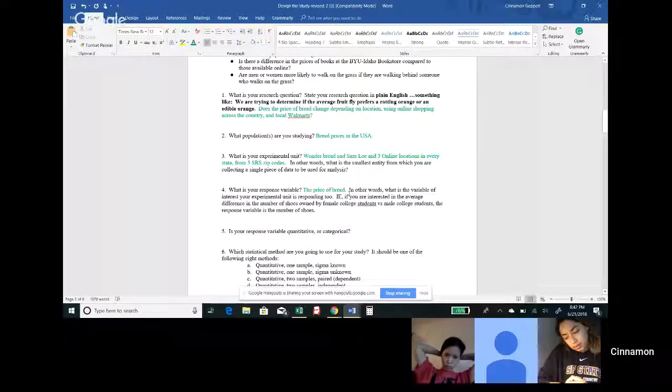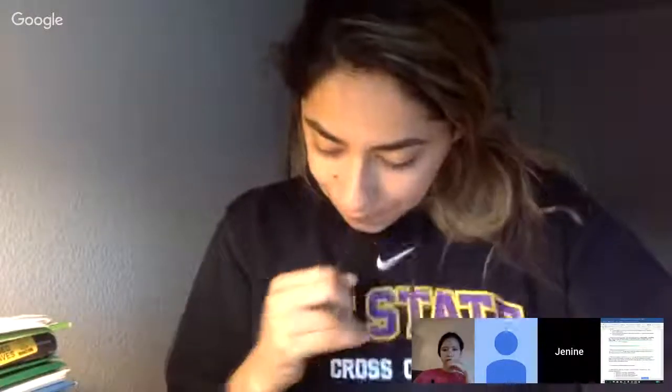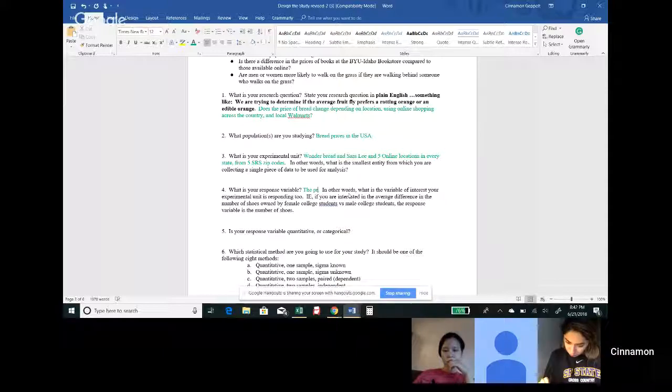Actually, wouldn't they both be variables? We're measuring the bread, but we want to know if there's a price change by location. I think it's the location. The response variable is location. And the price of bread.